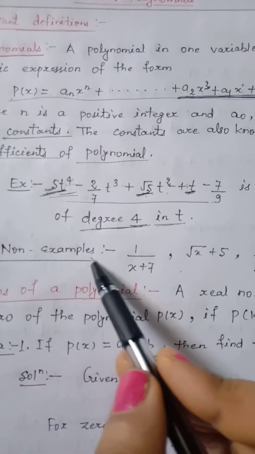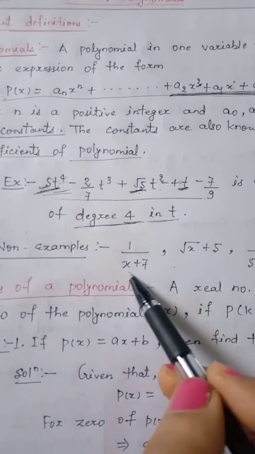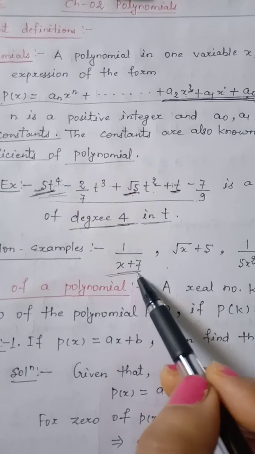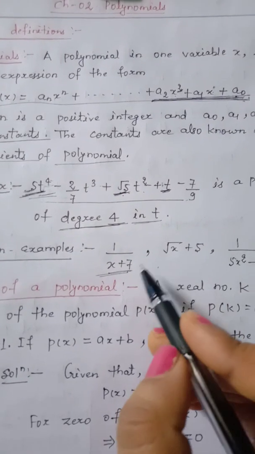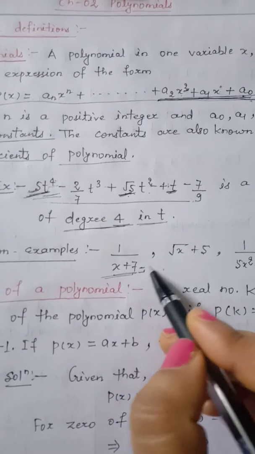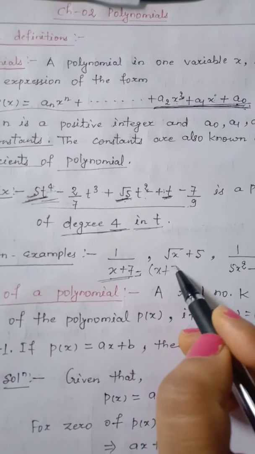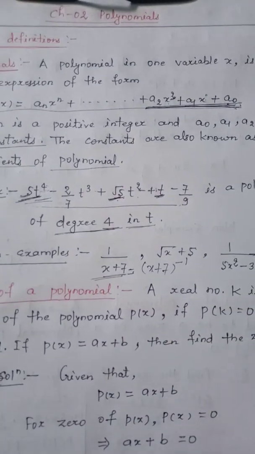Now non-examples. 1 by x plus 7 is not said to be a polynomial. Why? Because if we change this, we can write it as (x plus 7) to the power minus 1.